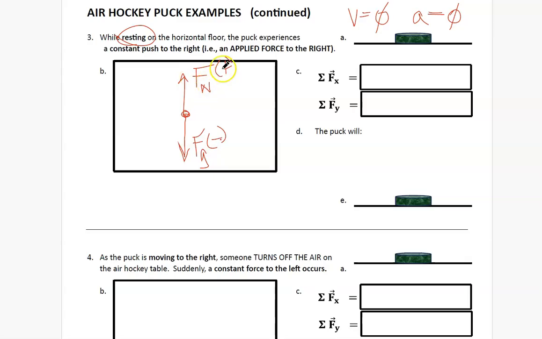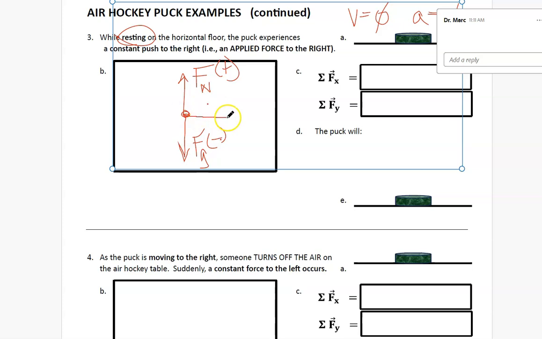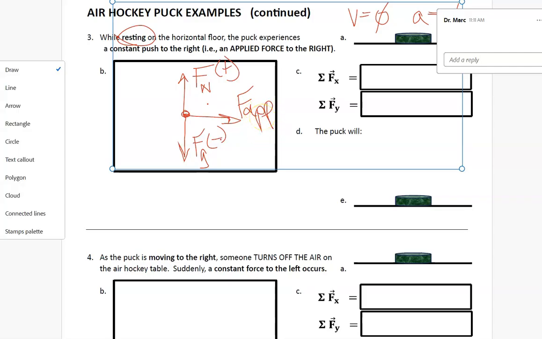That's in a positive direction. And now we have another force. We have a constant push to the right. So there is an applied force to the right. And we'll just write that as applied. And since it's to the right, we like to refer to the right direction as positive as well.